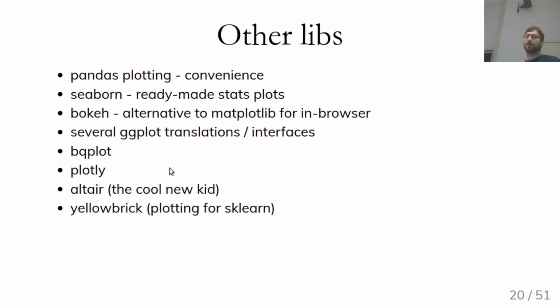If you're coming from R, there are several ggplot translations and interfaces, so you can check. I think plot9 is maybe the most current one, but there are always new ones coming out, and they're always missing something, so someone else comes up with a different one.